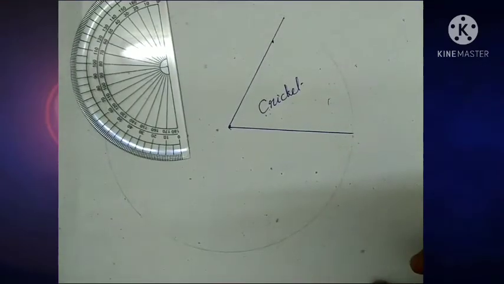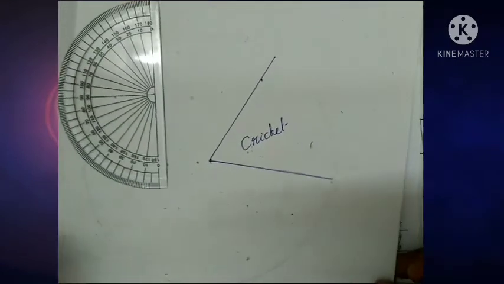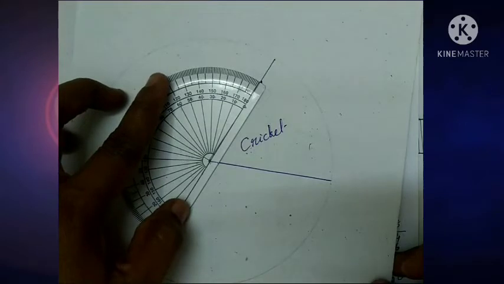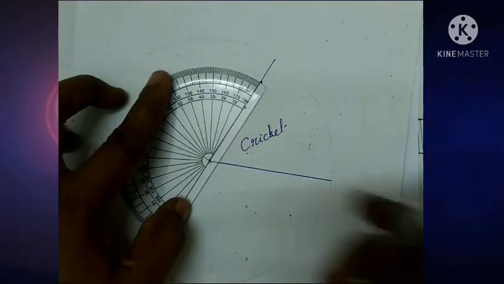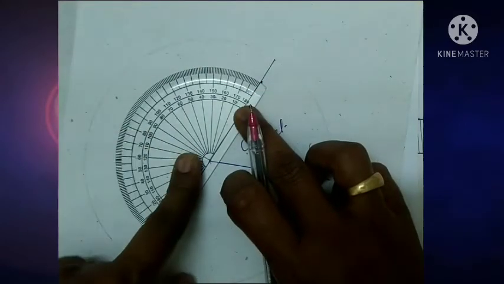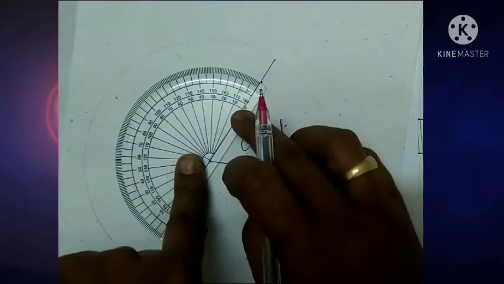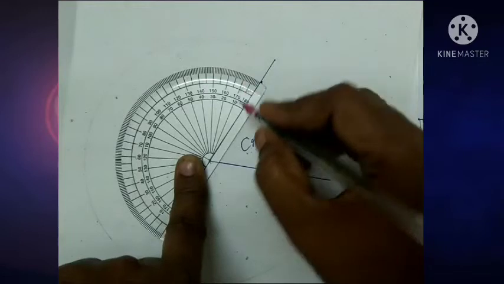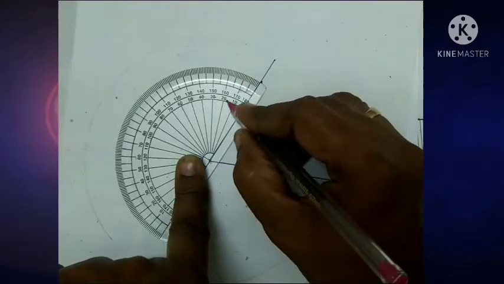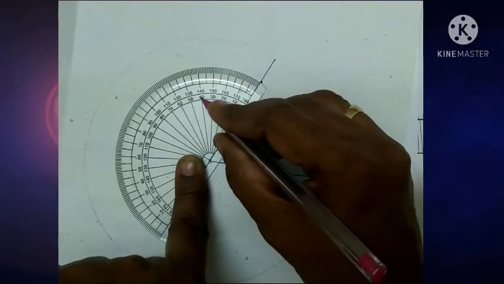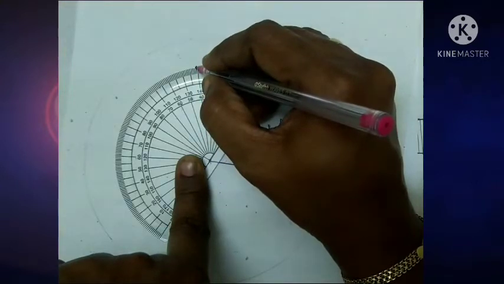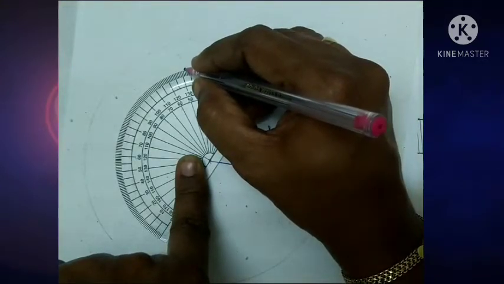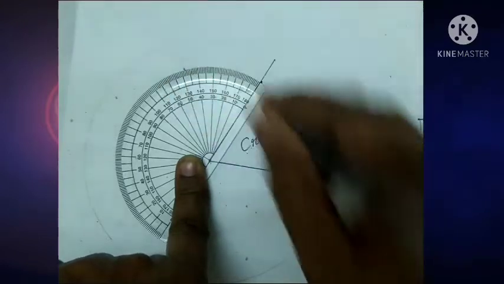So how can we mention it? So place the protractor like this. So this is 0. So we want to take the inner scale. So what is the measurement? 48 degree. 0, 10, 20, 30, 40, 41, 42, 43, 44, 45, 46, 47, 48.